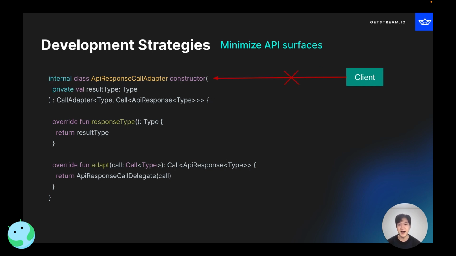So if you designed the APIs to be used internally, you must explicitly attach visibility modifiers such as internal or private to prevent unintended behavior from the user side.